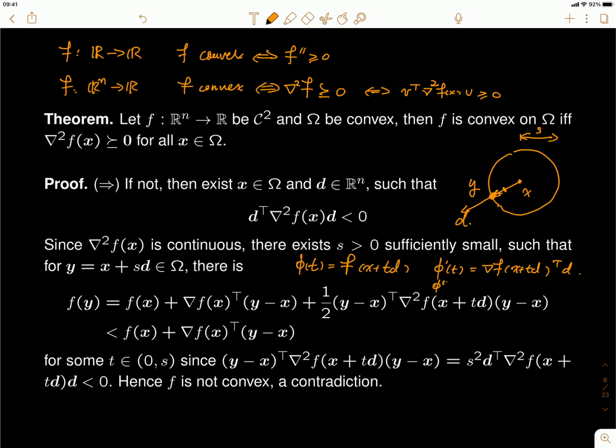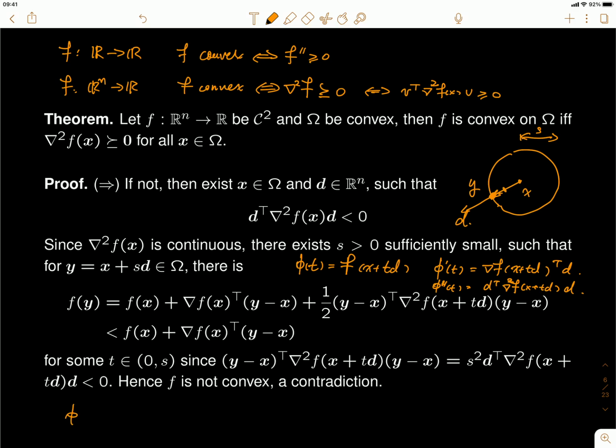And then phi double prime of t is equal to d transpose times the Hessian of f at this point x plus td, times d. That's the second order derivative. Okay, now we can take an expansion.